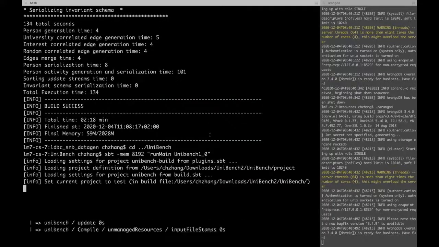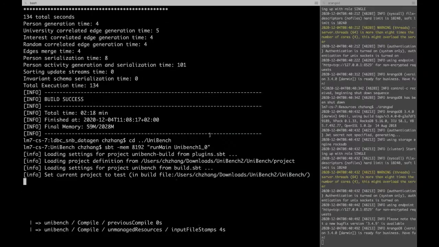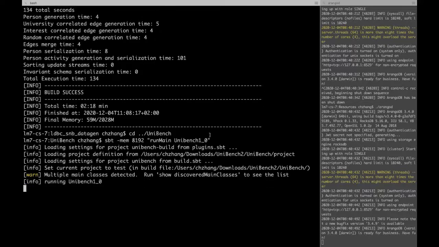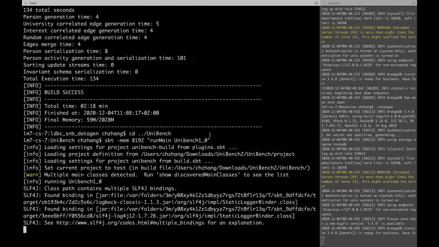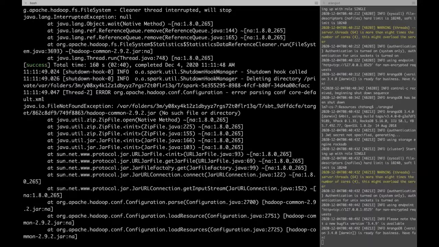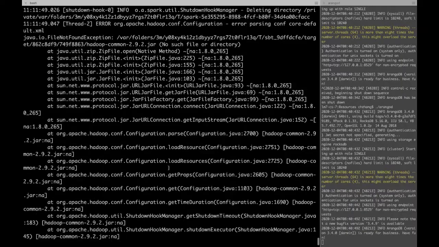So the UniBench data generator is implemented on Spark SQL. So this process will assign multiple executors to generate the data. This process took a total time of 160 seconds.